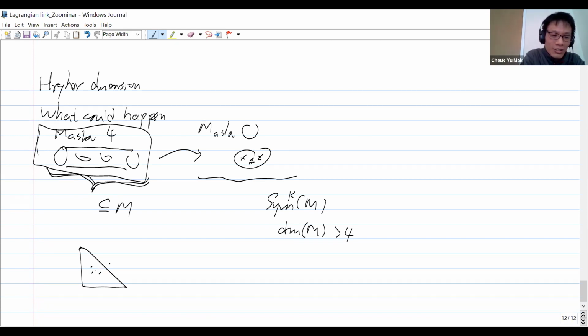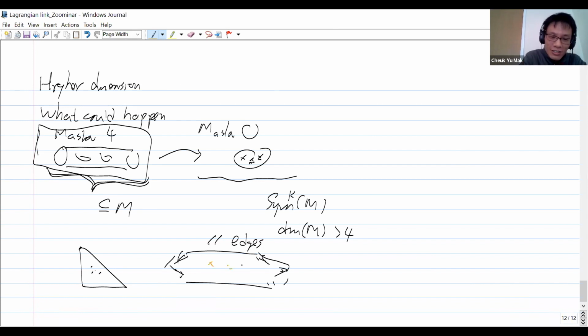So the answer for CP2 is that I don't think our method directly applies, but it will apply as long as your moment polytope has parallel edges. So it covers infinitely many examples. You can put anything here, no matter what you want, as long as it has parallel edges.